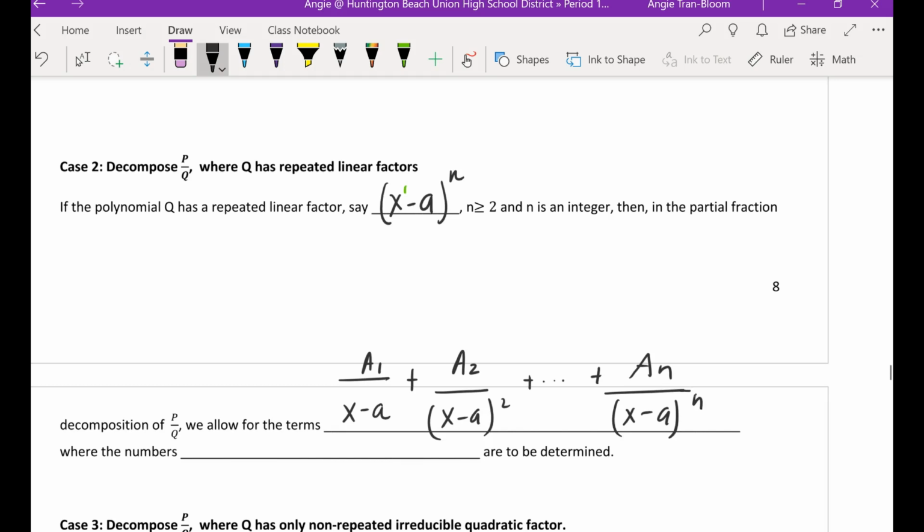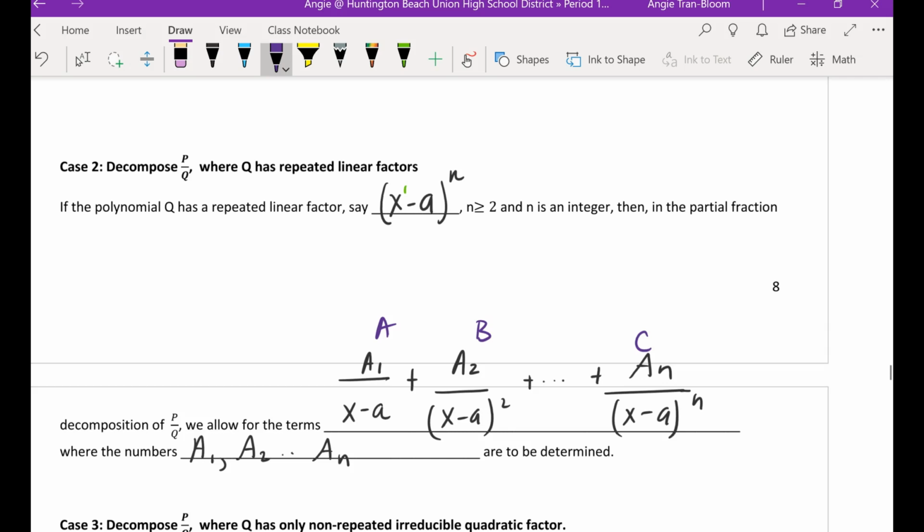Where the numbers A1, A2, An are to be found by us. And again, remember, I don't have to use A1, A2, An. I can use A, B, and C. These are just anything I want to use.